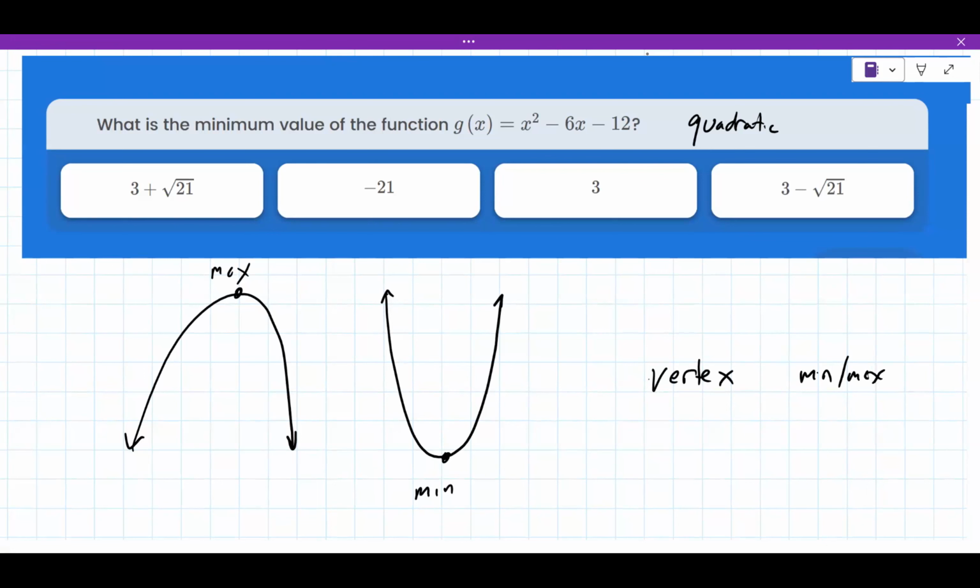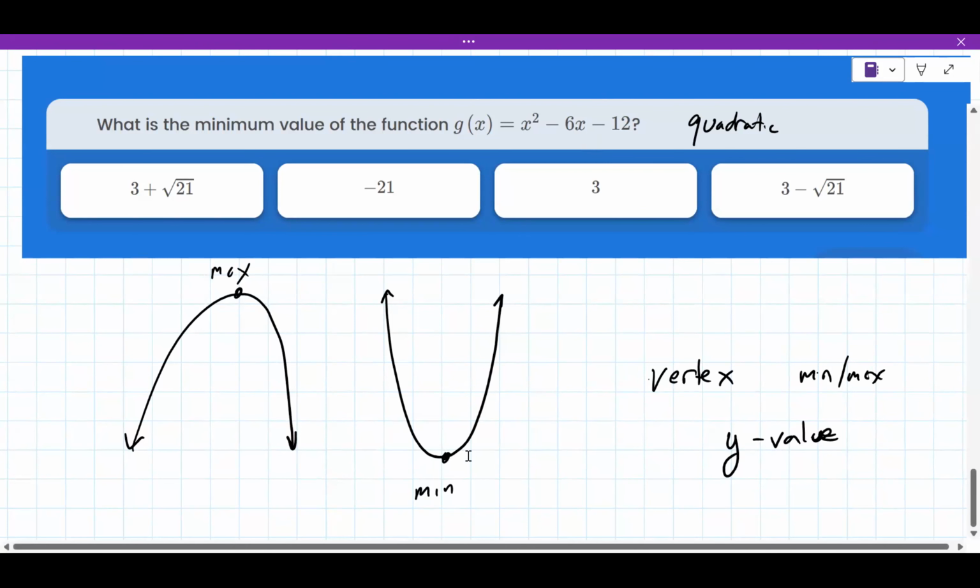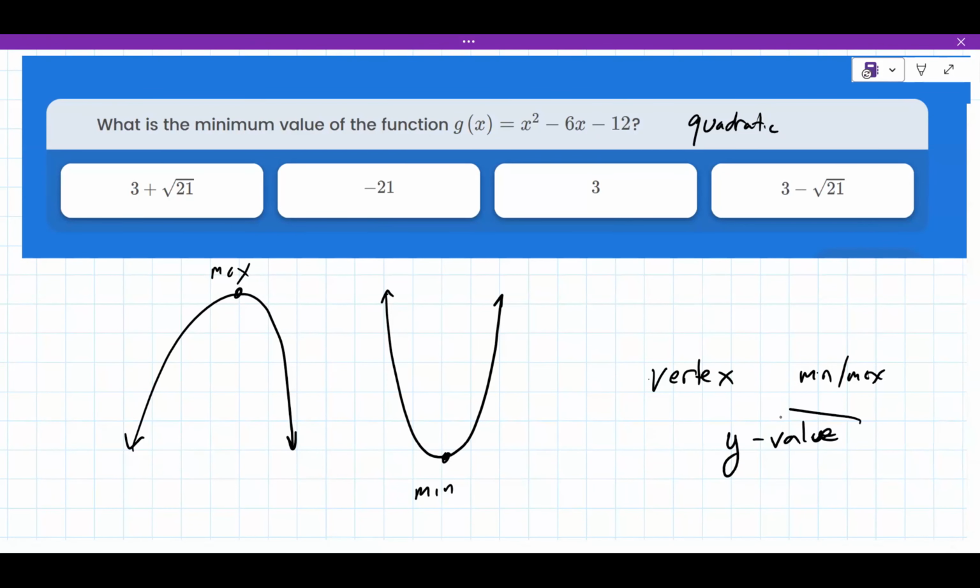Yeah, it was on the tip of my tongue because I remember you told me and then I just forgot about it. I'm like, no, it starts with a V. The vertex has both an x and a y value because it's an ordered pair. This place down at the bottom, this place at the top, it's an ordered pair. It's got an x and a y value. You just want the y value.